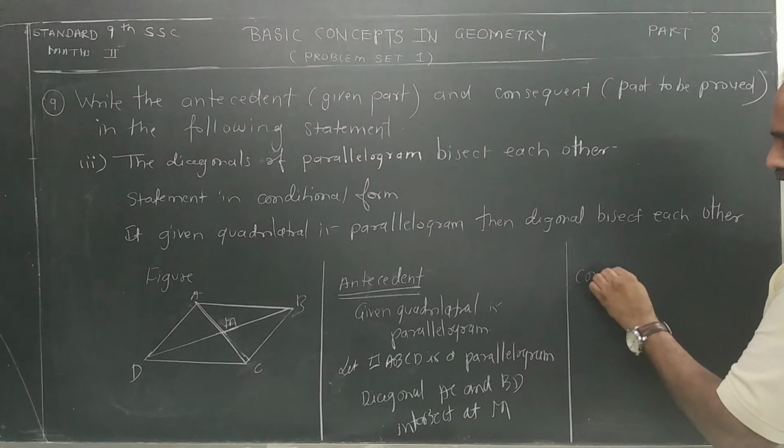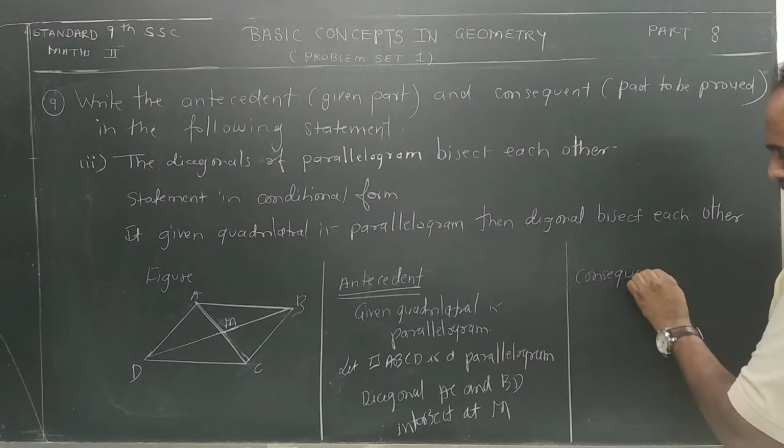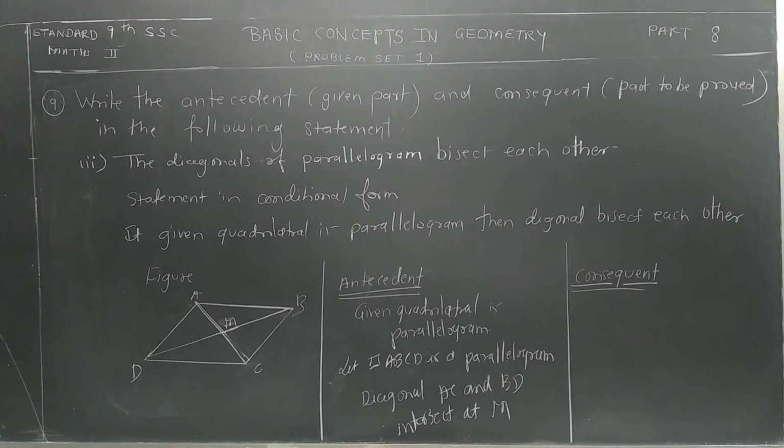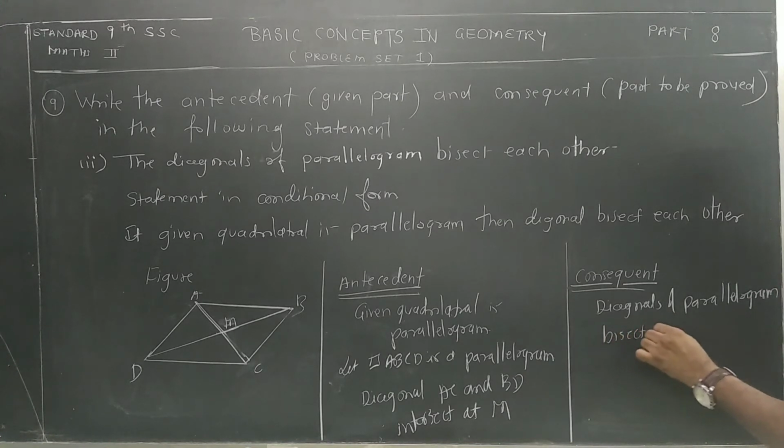After that, we are going to write the consequent. What is the consequent? The consequent is: diagonals of the parallelogram bisect each other.